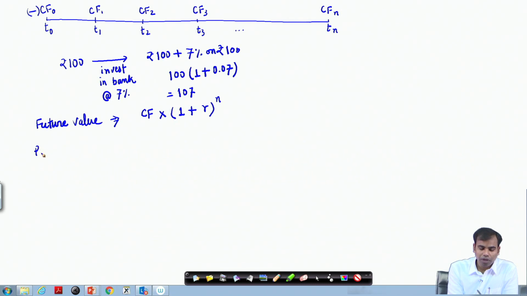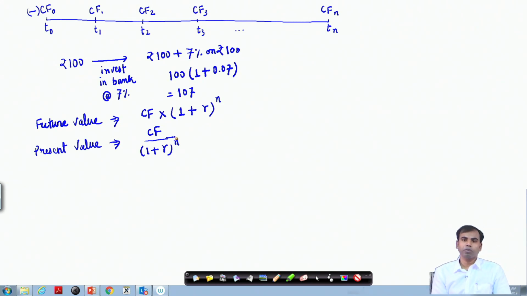Then present value can be shown as a reciprocal of that. So basically it will be the cash flow that you are generating in future divided by 1 plus r, which is the rate of interest, to the power n.